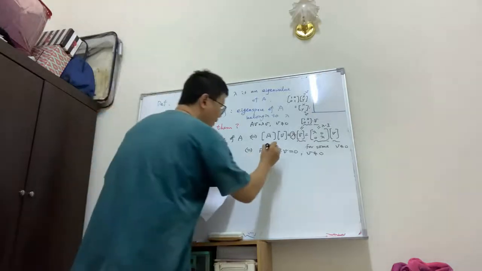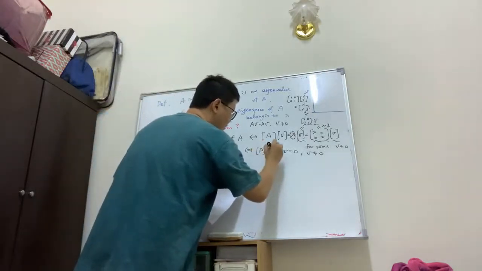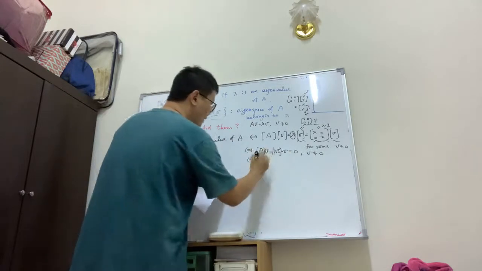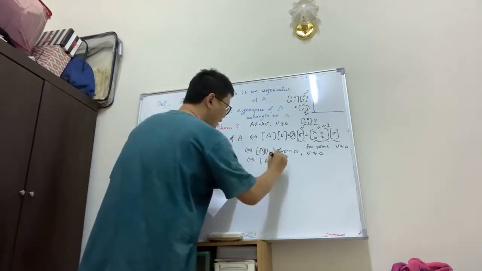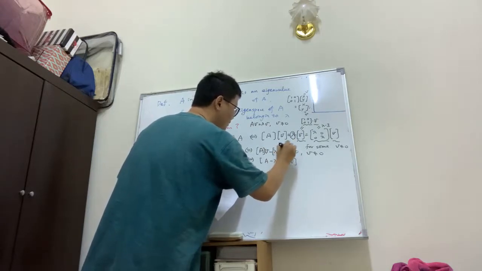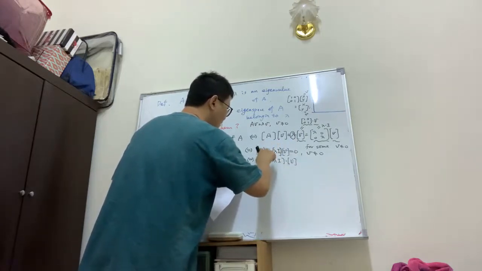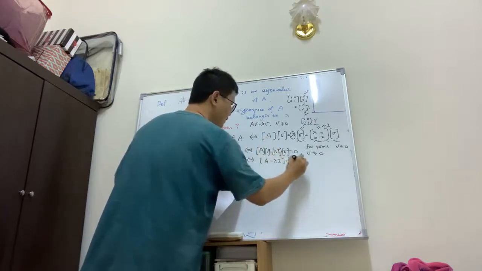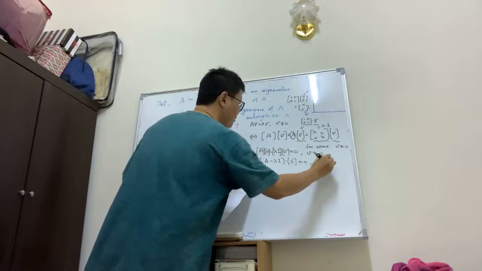It's a matrix, so you could combine them: the matrix A subtract lambda I times the vector v equals 0, with v non-zero.